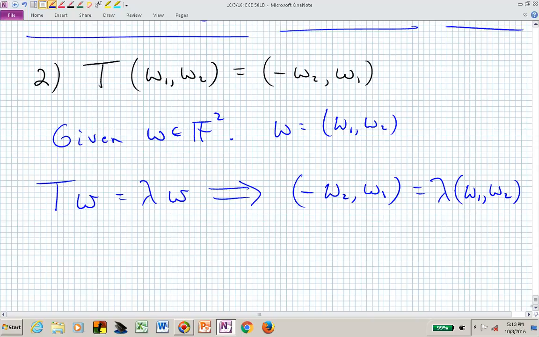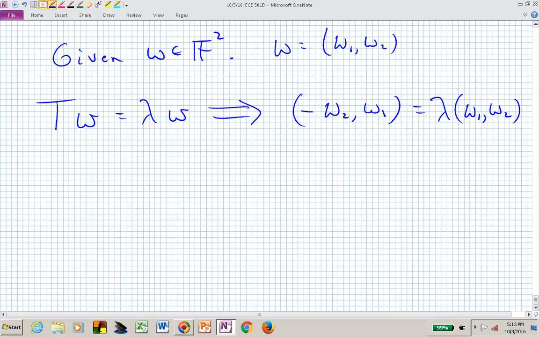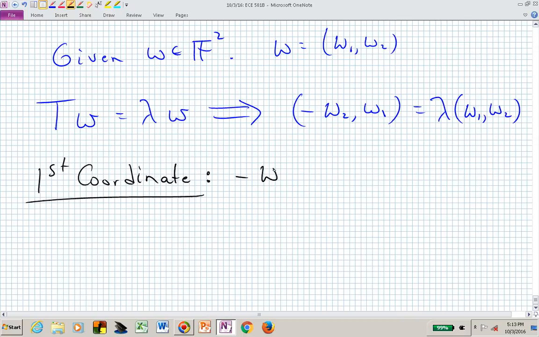So now what do we have? Well, let's look at the two different coordinates to see if we can find some relationship between lambda and W. In the first coordinate, we see that minus W2 is supposed to be a scalar multiple of W1.